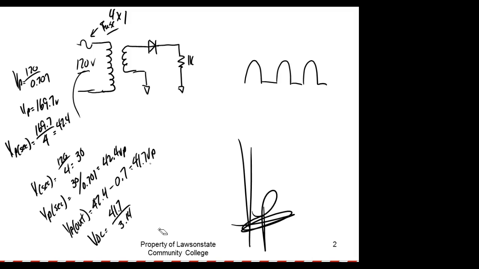We lose the times 2. Times 2 is for full wave. And this will be DC. So up here, you're supposed to be putting V peak. Down here, you just put volts. That's what we're dealing with, volts.